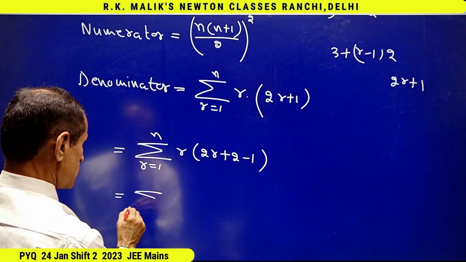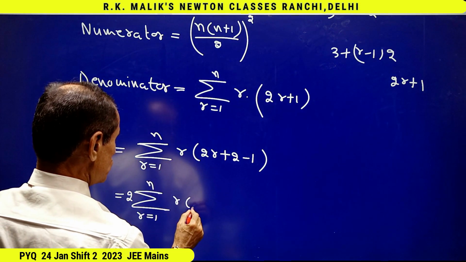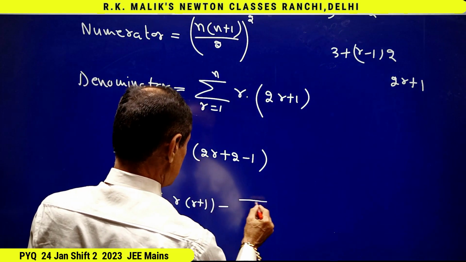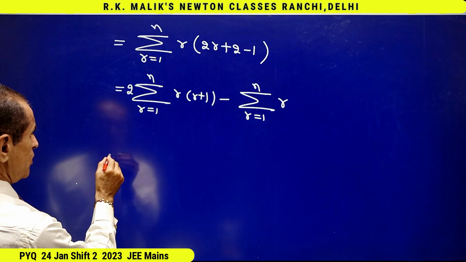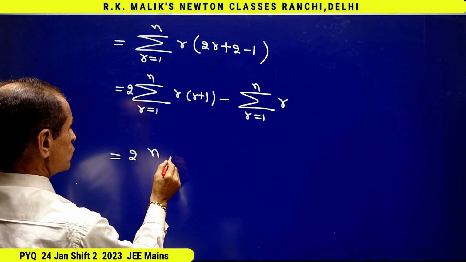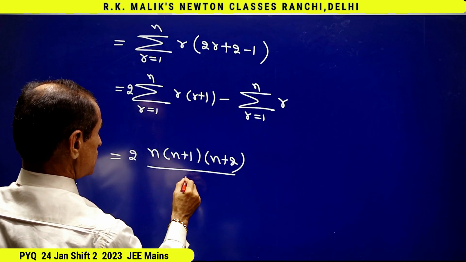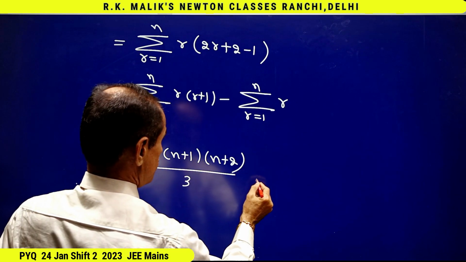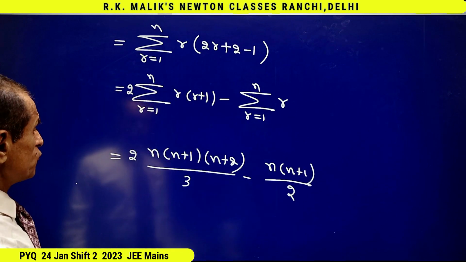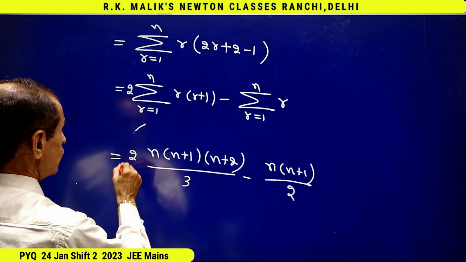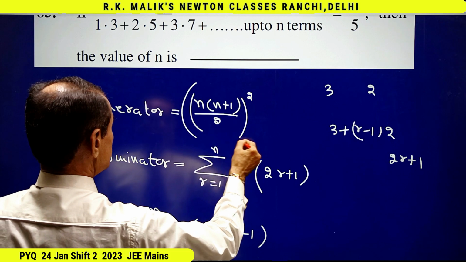That is, sigma R equal to 1 to n 2 into R into (R plus 1) minus sigma R equal to 1 to n, simply R. Clearly, this is equal to 2 into n into (n plus 1) into (n plus 2) by 3, as I told you just now, minus n into (n plus 1) by 2. Hence, we have found the value of denominator in terms of n is this, and the value of numerator in terms of n is this.